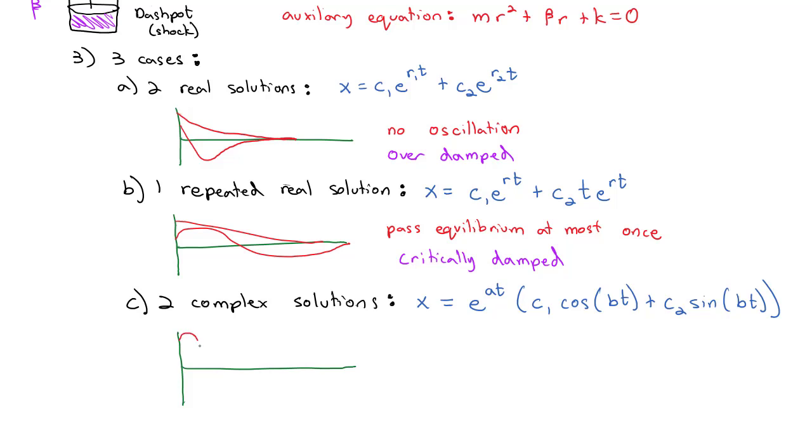And so what happens is the graph is going to start to bounce around as it gets closer and closer to equilibrium. We're going to say that it oscillates, but not forever, towards equilibrium.